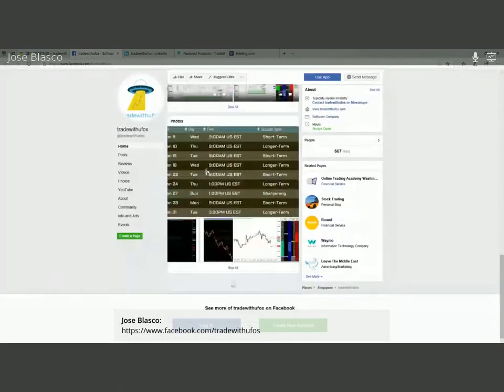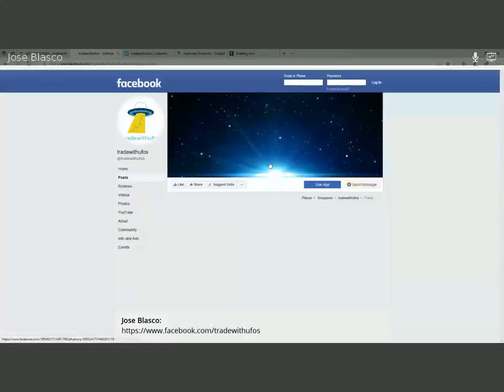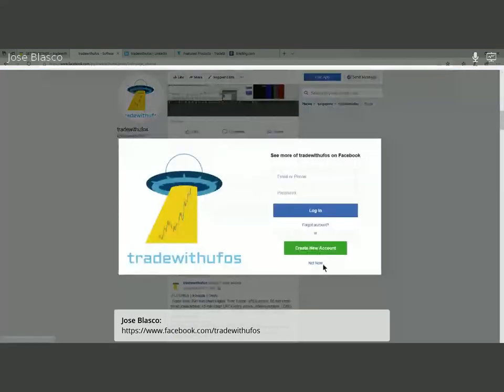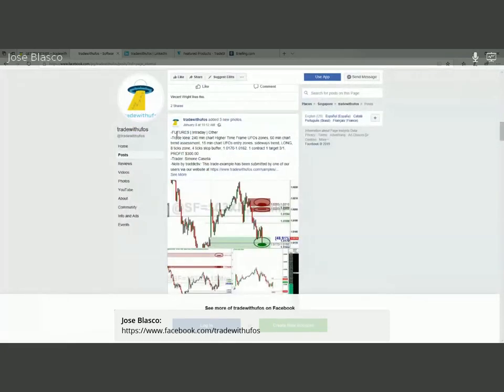Also, we have a collection of trade examples that come back to us and tell us that those trade examples have been very useful to some of our users, because those trade examples that are posted from some of our users represent trade ideas or trade scenarios or trading plans that may open the mind to some of you that may be still either learning how to trade or putting your plan together.